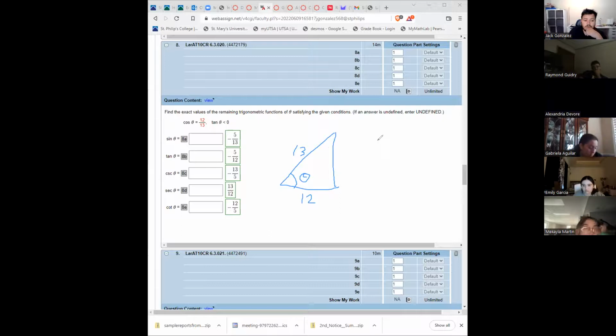We don't always do it because it doesn't matter, but this is when it starts to matter. So if I solve for y, or this missing side, we'd say a squared plus b squared equals c squared. I plug in 12. Plug in 13.